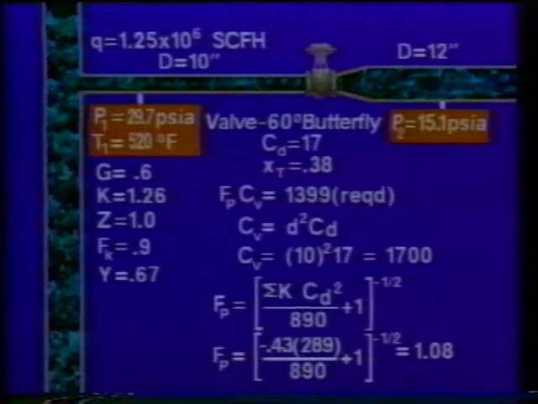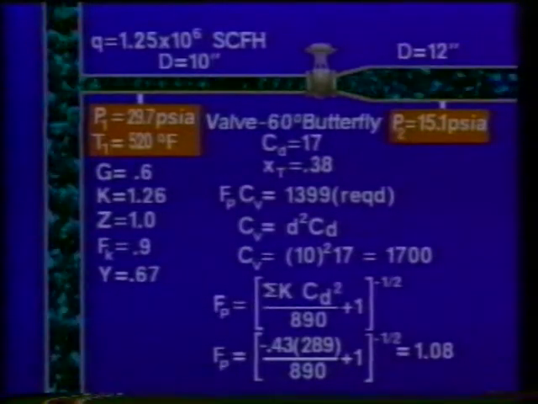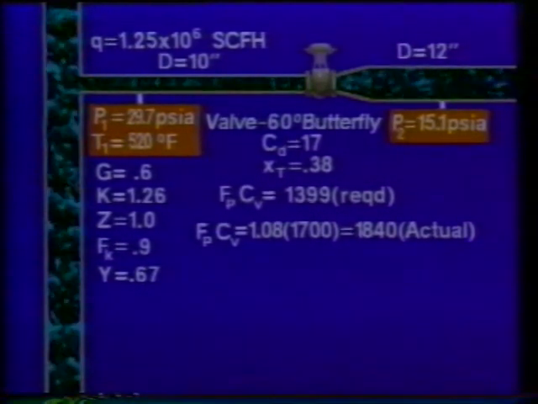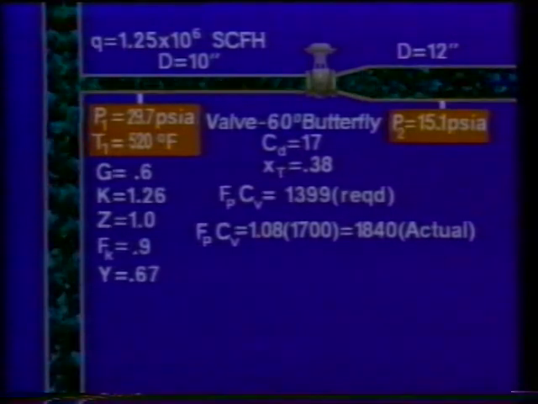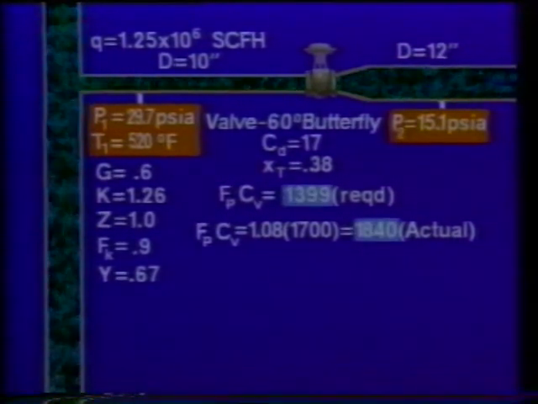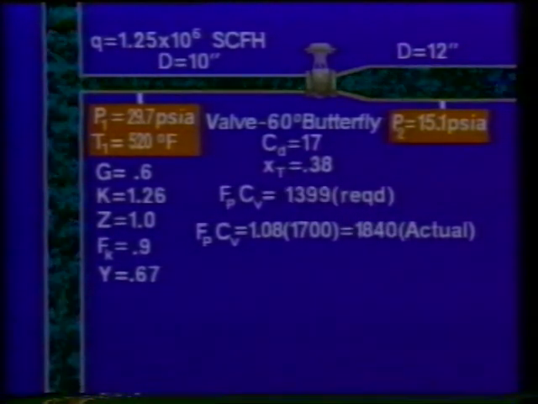F sub P can now be determined, and is found to be 1.08. So the actual value of F sub P C sub V is 1,840. A comparison to the required value shows the installation provides sufficient flow capacity.